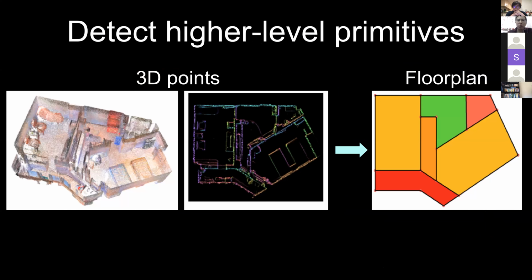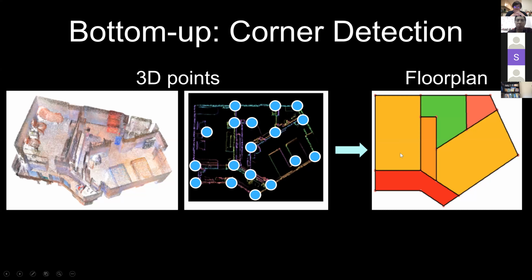Let's say we want to reconstruct a floor plan from a 3D scan. So you go to a house, use a 3D smartphone like a Google Project Tango, or a Matterport style 3D scanner. Get 3D points, look from the top, then recover the floor plan. Bottom-up procedure is you first use the lowest level primitives, corners.